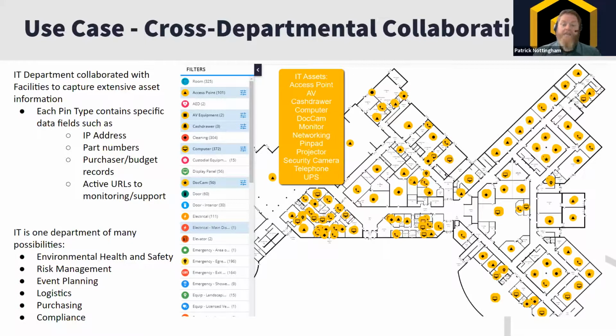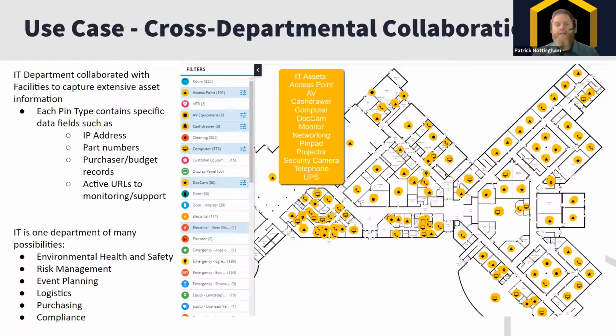Again, within each of those subcategories of assets, they had their own data fields that had a lot of extra power provided to those pins, such as IP addresses, part numbers, purchasers and budget records, active URLs to monitoring of security systems, all kinds of things available to allow them to access on the fly some really readily needed information for both IT and facilities. Again, every department or every organization is made up a little bit differently.